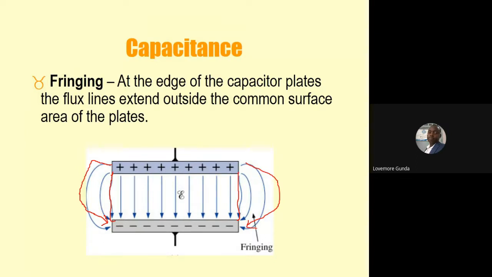We will assume fringing is negligible, right? So assume zero fringing, so that if we say the charge is Q, then all the charge is bound within this surface area. So we ignore fringing, but we should bear in mind that in reality, the flux lines are not all bound in this common area determined by the plates. But for our calculations and our determination of any quantities, we will neglect fringing.